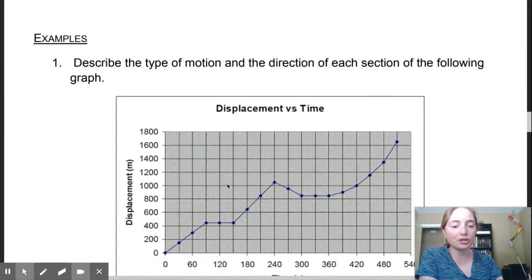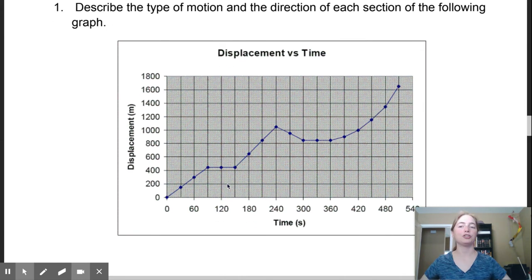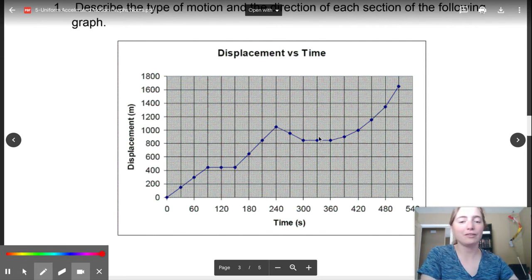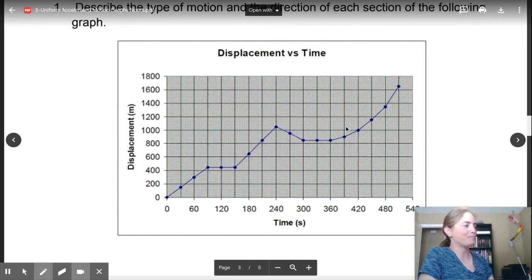Let's go and start looking at interpreting some of these graphs. What I'm going to do is give each of these graphs a particular stage. We'll give them a letter, A, B, C. So I have this particular stretch of motion A, this stretch of motion B, this one C, this one D, that E, that F, and then I'm going to add 2 more.